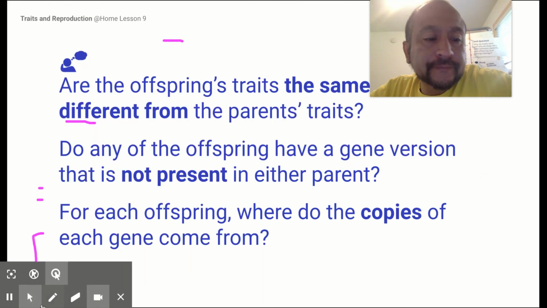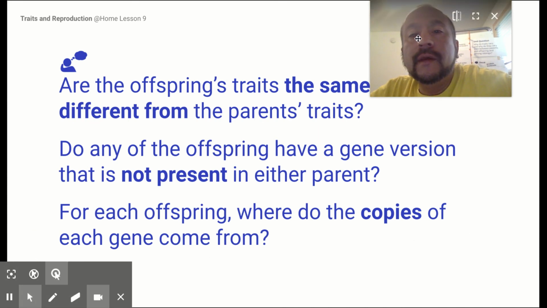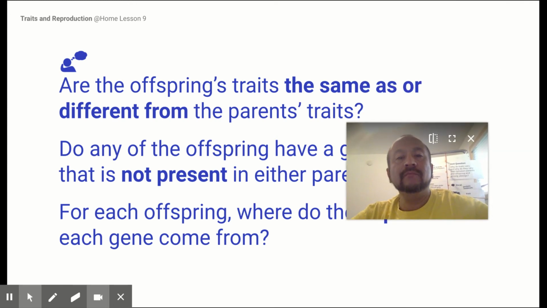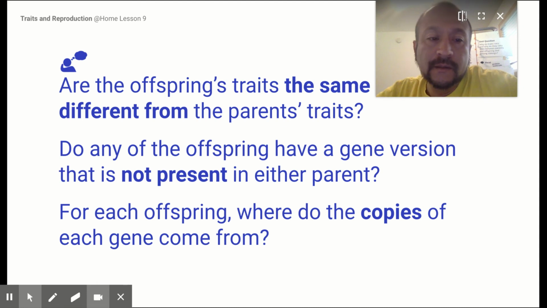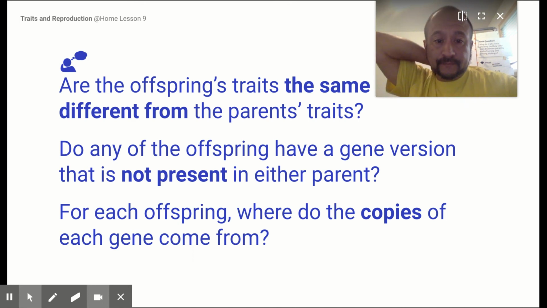All right. Let's get all that off the screen. Are the offspring's traits the same as or different from the parent's traits? And do any of the offspring have a gene version that is not present in either parent? For each offspring, where did the copies of each gene come from?